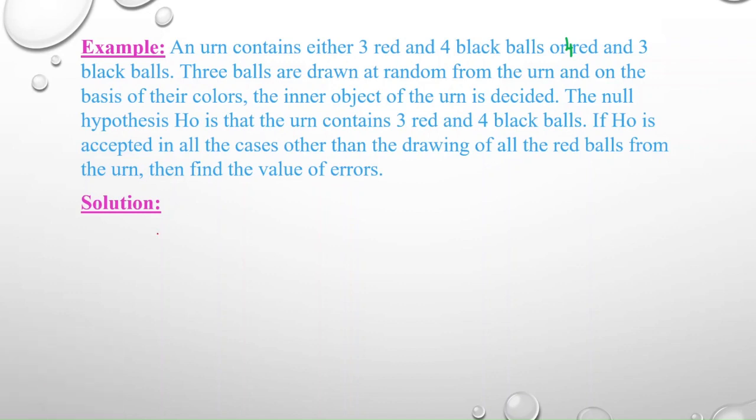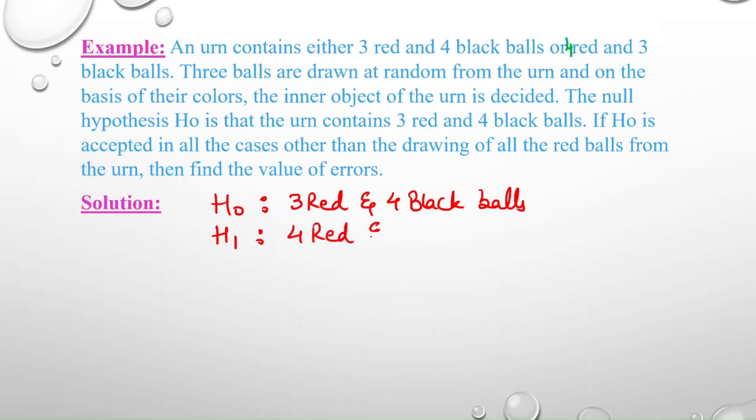So here we can easily identify that H naught is that there are 3 red and 4 black balls in the urn. H1 would be the other one, 4 red and 3 black balls.